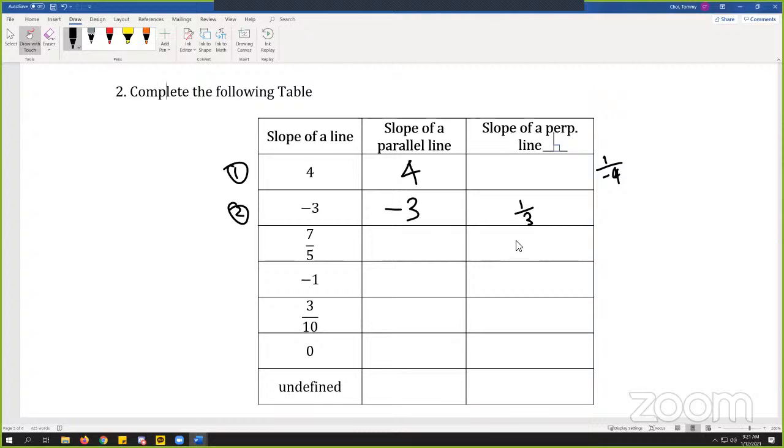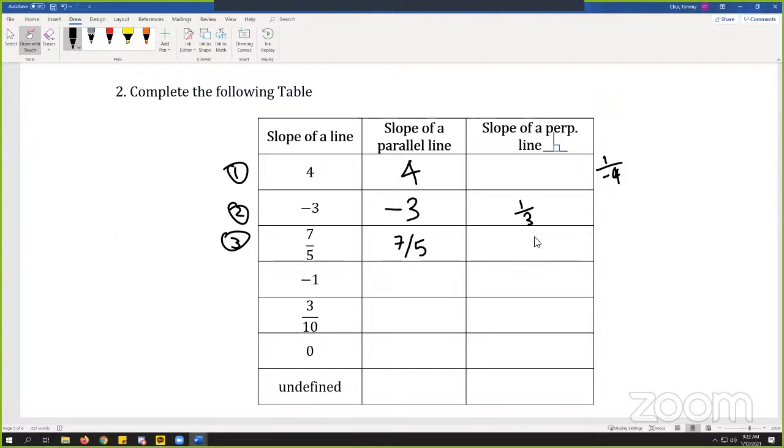Next one coming up, Mercel. Number 3. What's the slope of a parallel line? 7 out of 5. 7/5, good. And the slope of a perpendicular line? You can write it in fractions.